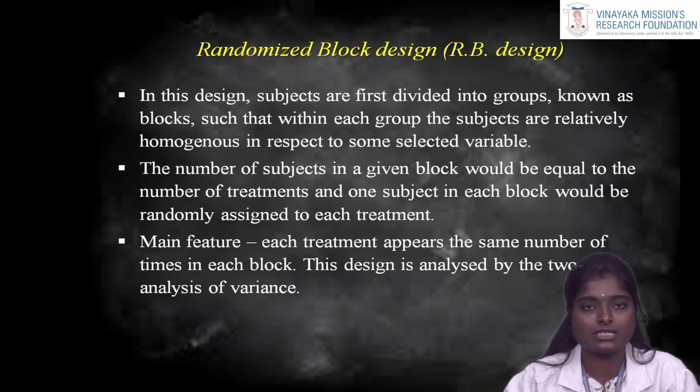So two different blocks are separated, where within the block they are homogeneous, and the number of subjects in a given block would be equal to number of treatments, and one subject in one block will be given randomly one treatment. So main feature is that each treatment appears the same number of times in each block, and this design is analyzed by two-way analysis of variance.